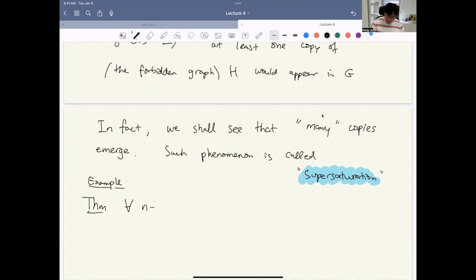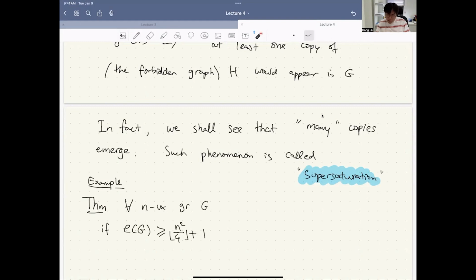For any n-vertex graph G, if E of G is at least n squared over 4 plus 1, remember, what is this?